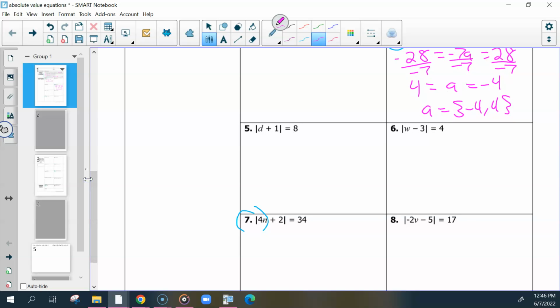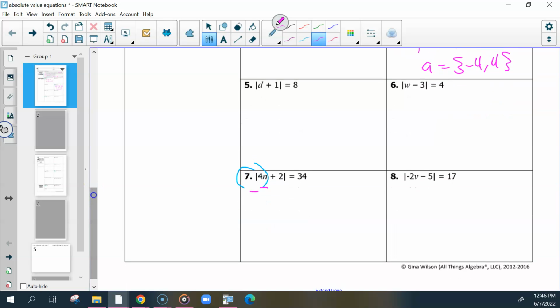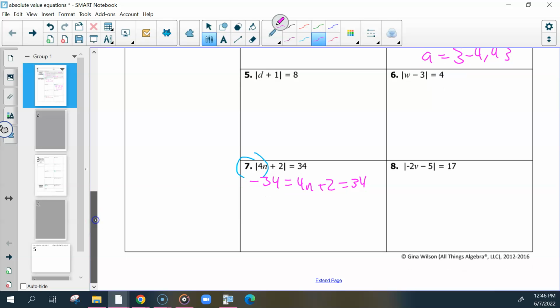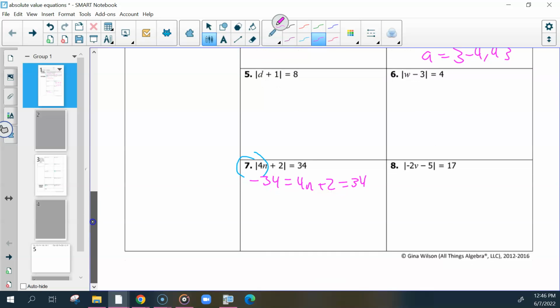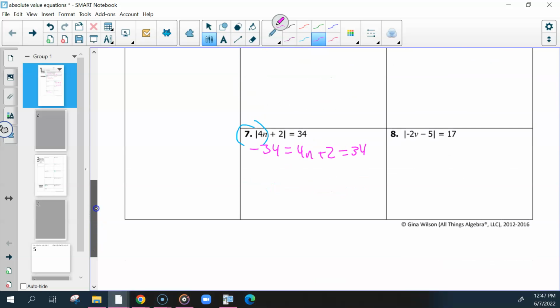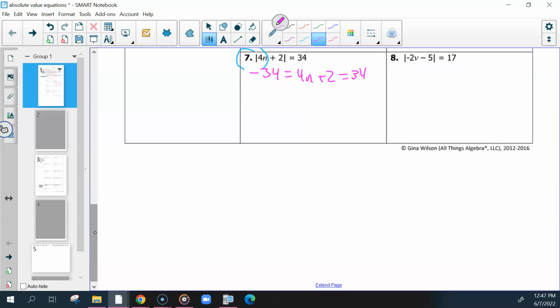For number 7, same thing. This is already isolated, so we're just going to set what's inside equal to a positive and negative 34. Notice that when we do that, we're dropping the absolute value signs. We no longer need that. And then we can solve. So get rid of the 2 by subtracting everything. Negative 36 equals 4n equals 32.